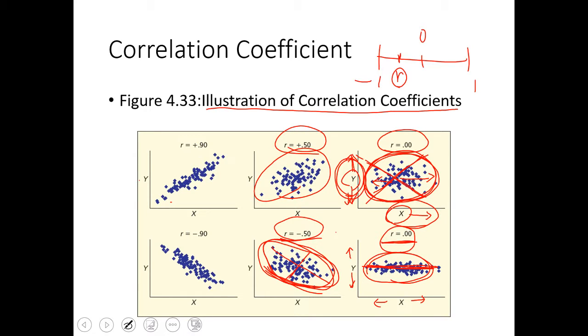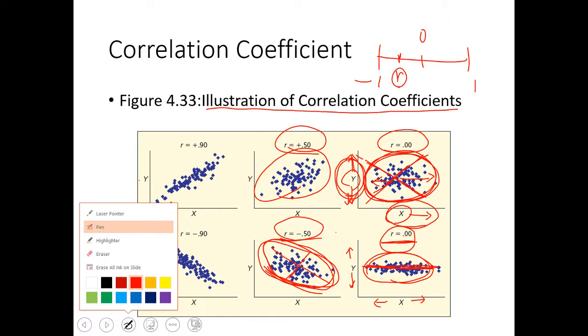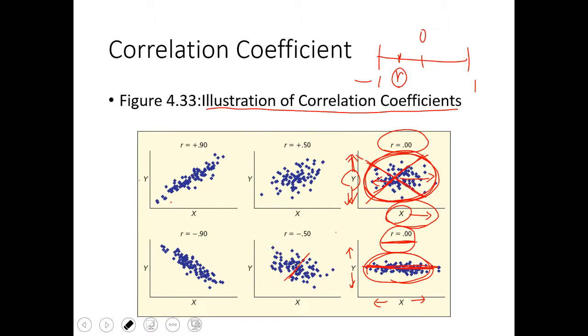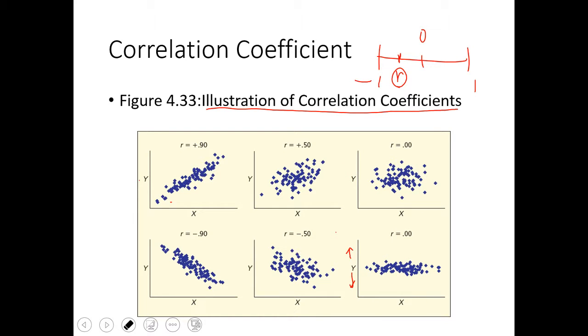So the correlation coefficient can describe the linear relationship between x and y. If the correlation coefficient is close to 1, then the two data are very highly correlated.